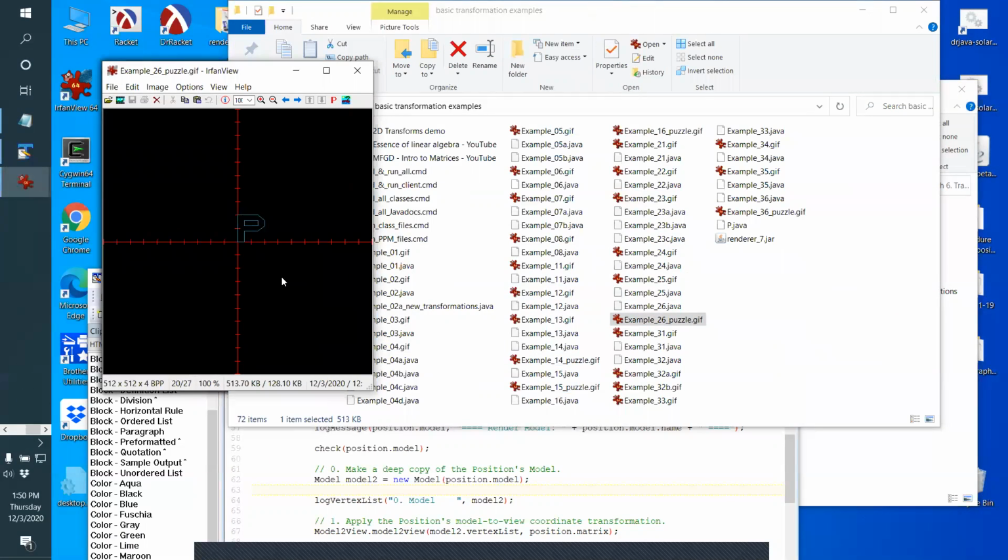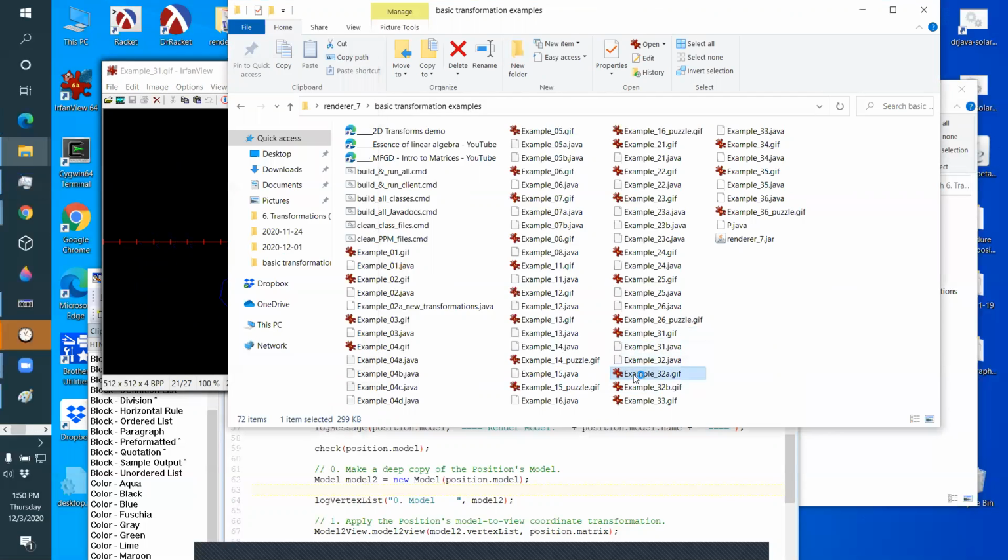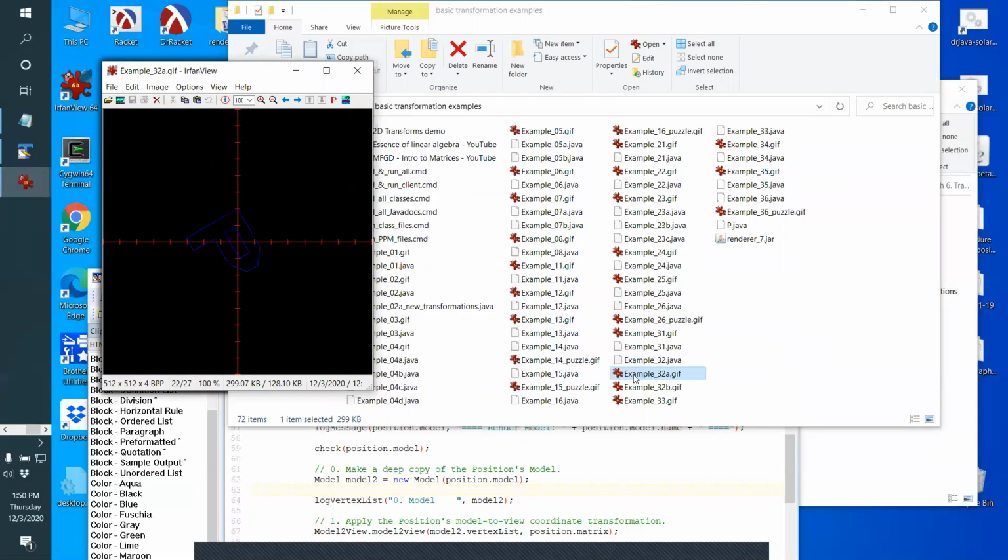So that's what we'll talk about: how do I use combinations of rotations and translations? This one only uses rotations and translations. There's one that also uses scaling. See, the model's growing. That one's another one with scaling. Notice it always rotates around the same point at the same time the model is growing.